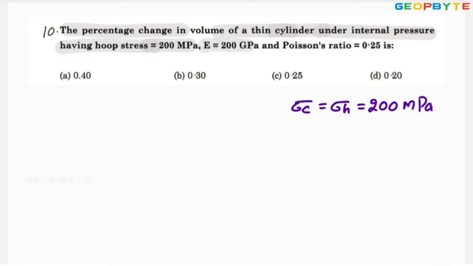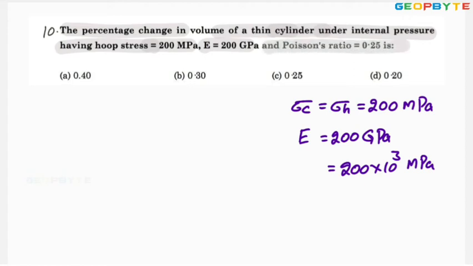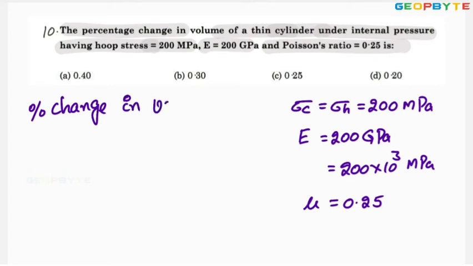And Young's modulus equal to 200 gigapascal, equal to 200 into 10 power 3 megapascal, and Poisson's ratio 0.25. Percentage change in volume equal to how much?